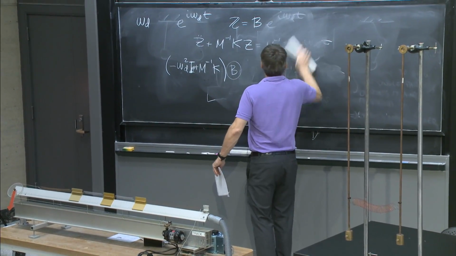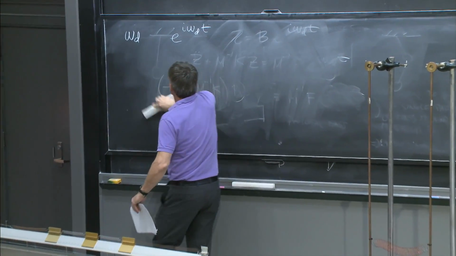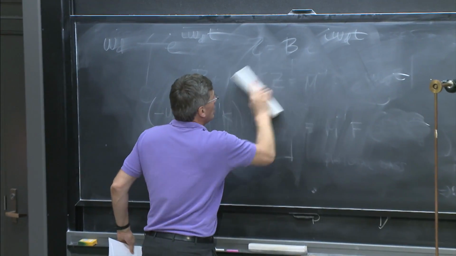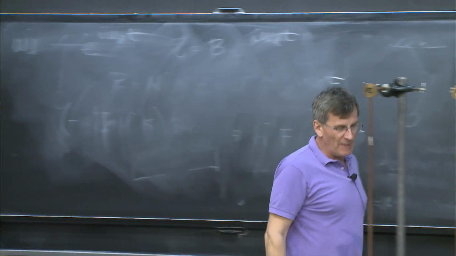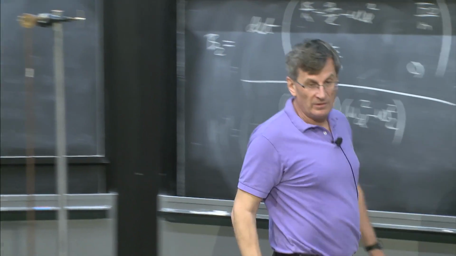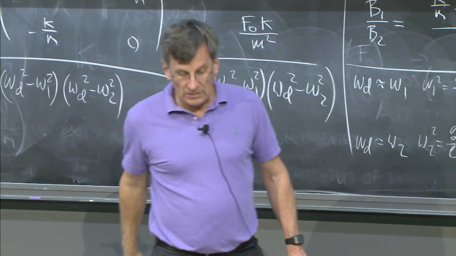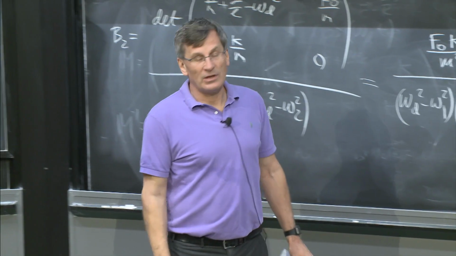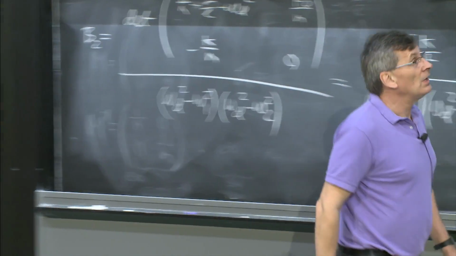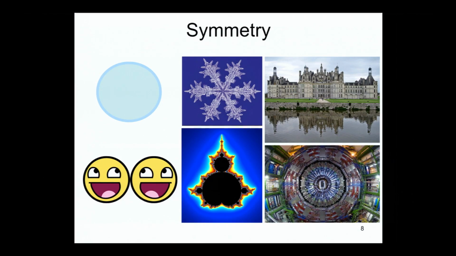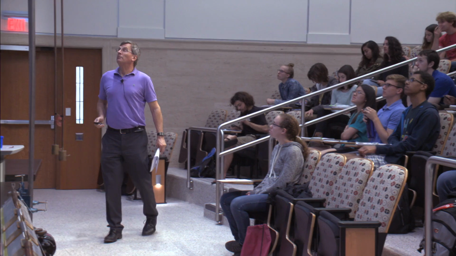And there's a very interesting trick that you can do, which is of absolutely fundamental nature in physics, and which has to do with symmetry. As you know, many things are symmetric. There's a circular symmetry. There's a left and right symmetry. For example, 2 little smiley faces are mirror images of each other.